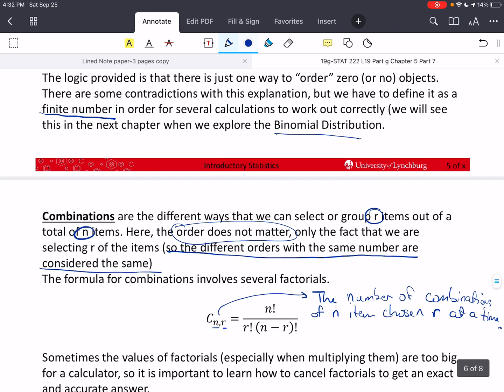So we sometimes say N choose R items. That's sometimes how we pronounce this.